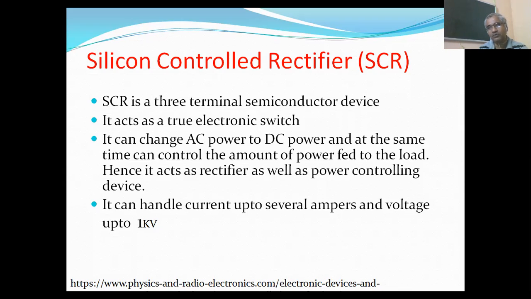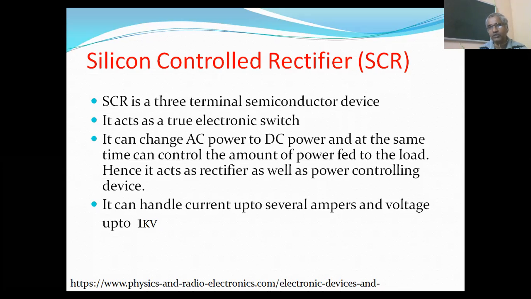Now it is specially made from silicon, and therefore it is called a silicon controlled rectifier. Generally the germanium controlled rectifiers are not there because the germanium material is very sensitive to temperature, and therefore thermal stability is not achieved in the germanium material, and therefore these silicon controlled rectifiers are used.